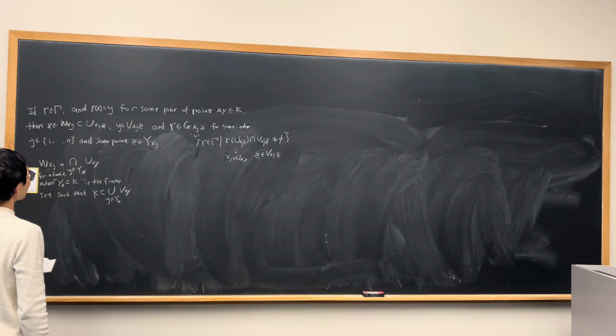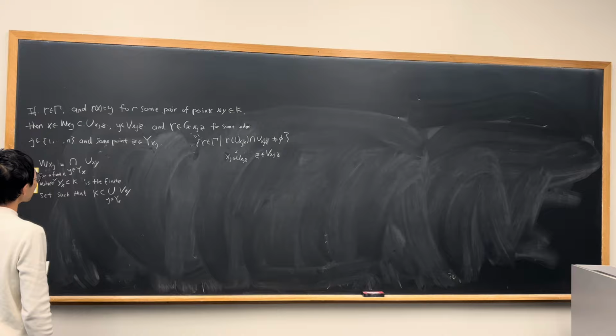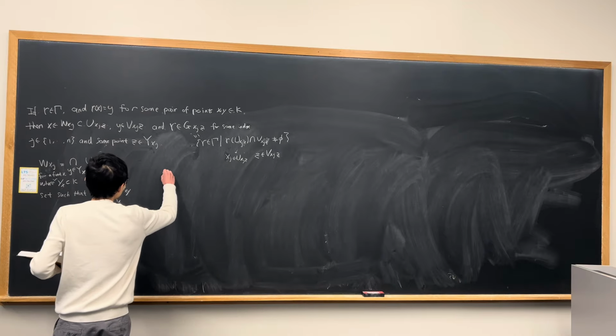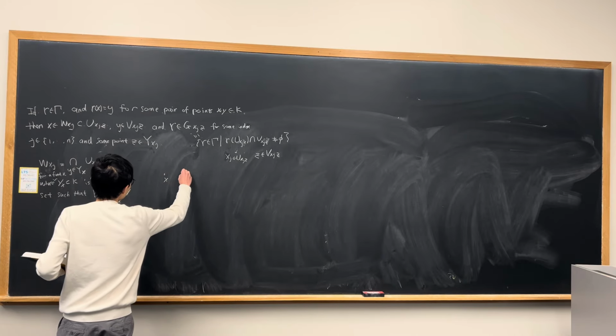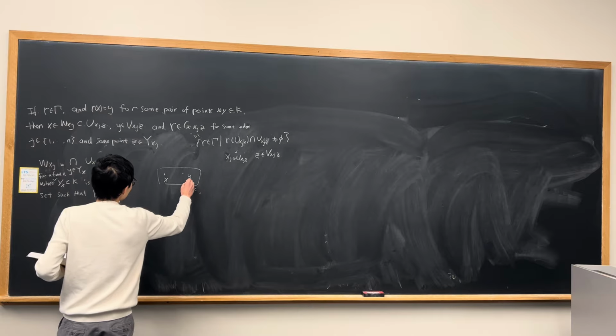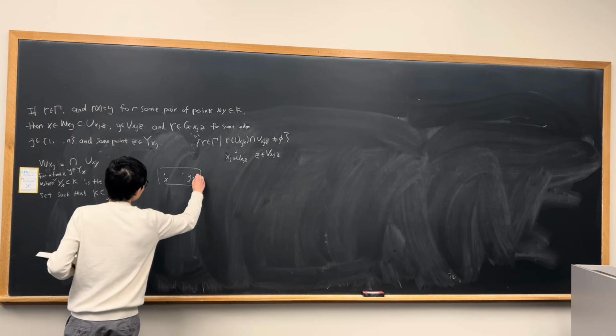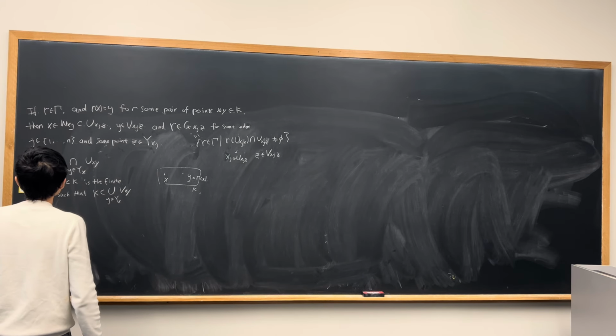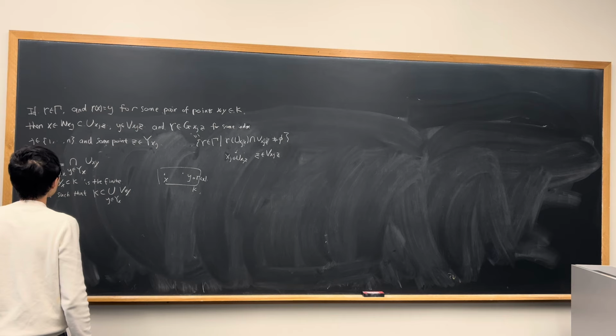Assume gamma x equals y for some pair of points x, y in K. So here you have two points, x and y, in the compact set K, and y is equal to gamma x.